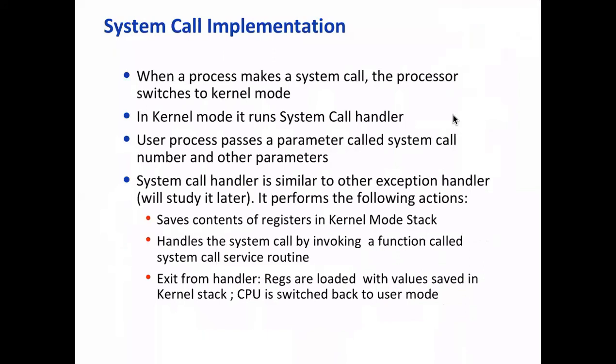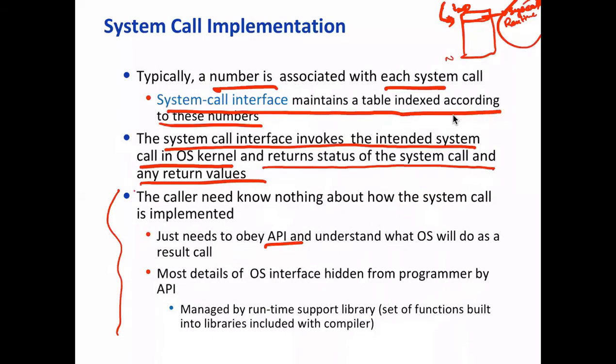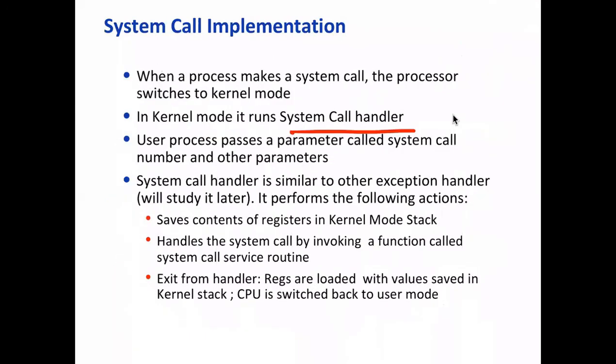So again, when a user process makes a system call, of course the system call handler will come into play, that we have seen here. Okay. And then all the parameters of the user process will be saved into the stack, the kernel stack.